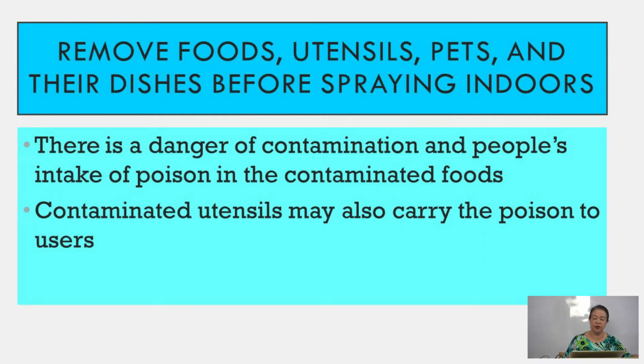There is a danger of contamination and people's intake of poison in the contaminated foods. Contaminated utensils may also carry the poison to users. So be very careful about removing these dishes before you spray, especially indoors. You have to keep all the dishes and all the utensils so that they will not be contaminated.